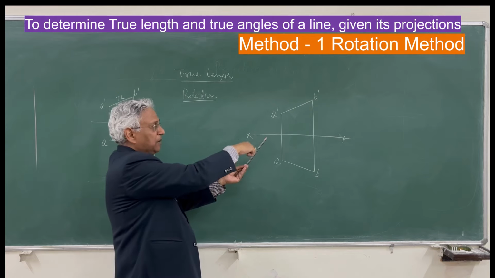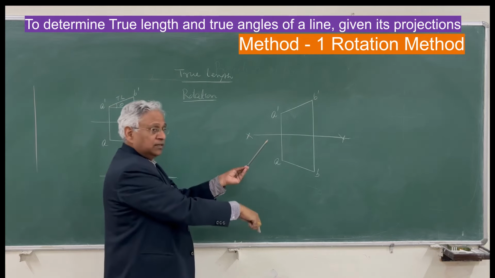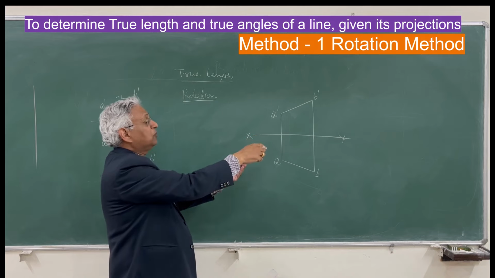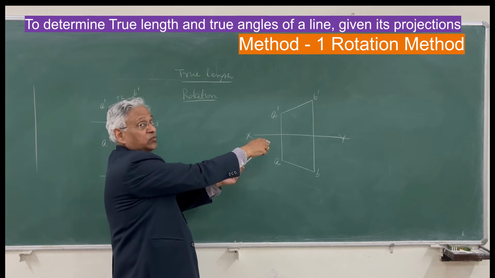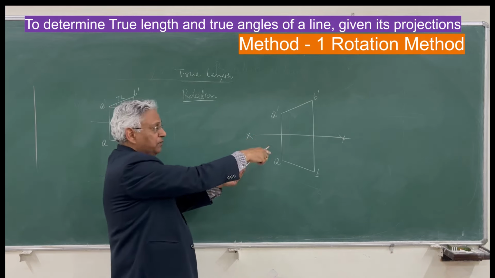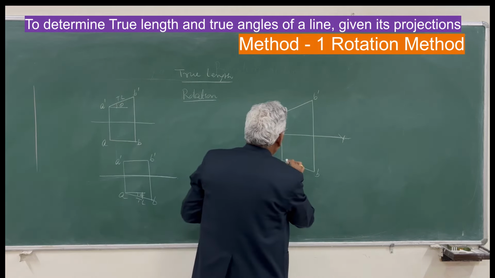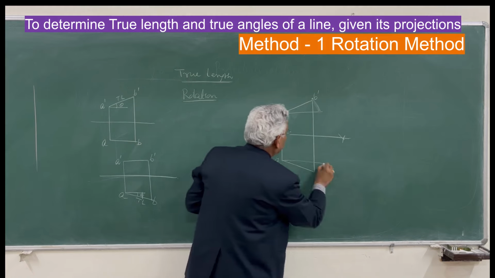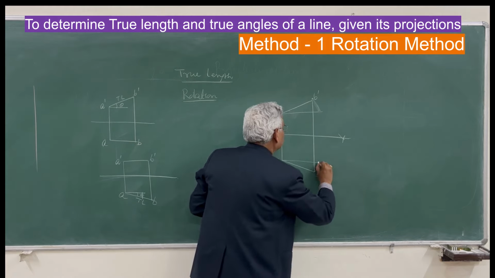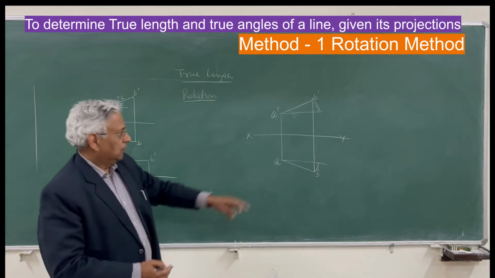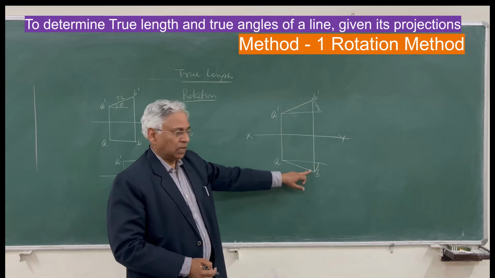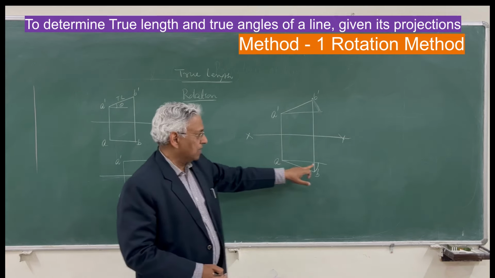When you are making it parallel to the vertical plane, how is the plan moving? The plan from this position is moving towards the vertical plane. So the plan will become parallel to the ground line. So rotate the plan, rotate this B about A, make it parallel to the ground line.